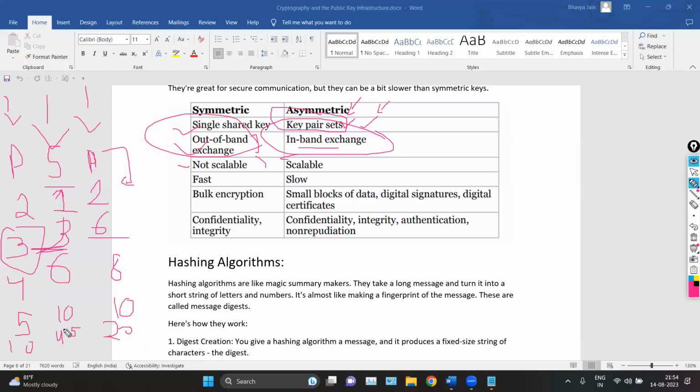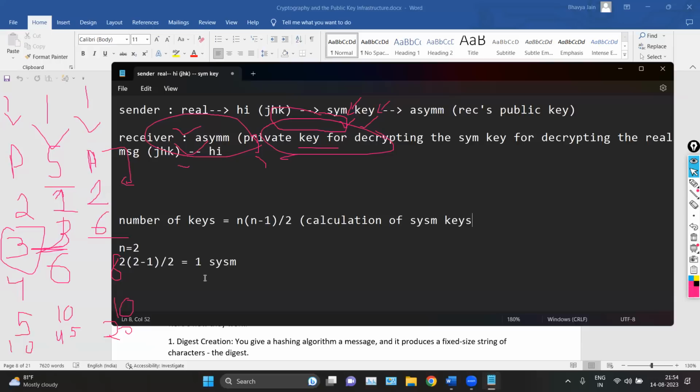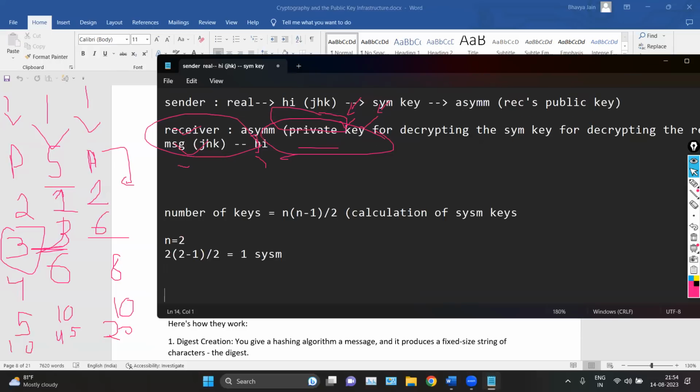Let's say you have 100 participants. For 100 participants, you need 4,950 symmetric keys, and you need just 200 asymmetric keys. So you can see the comparison here. Let me show you this one. For example, you have 100 participants, which is n equal 100.